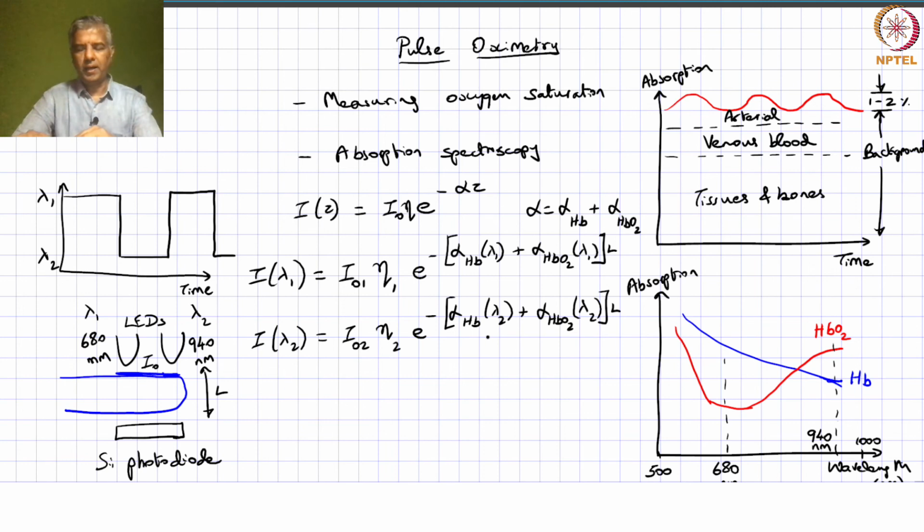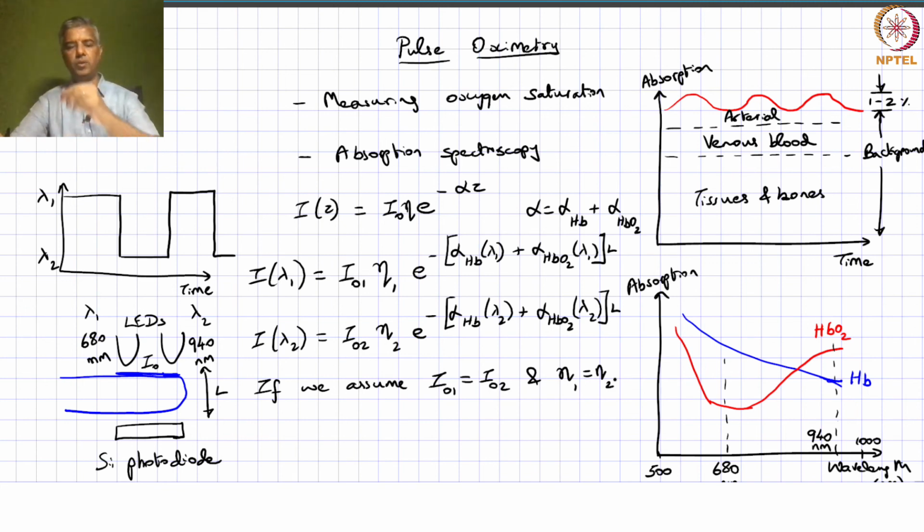So, once we have this, we can assume I naught 1 equals I naught 2, and also that eta 1 equals eta 2. You have to be very careful in making that assumption, but the wavelengths that we have picked typically justify this assumption, or it could be calibrated out.